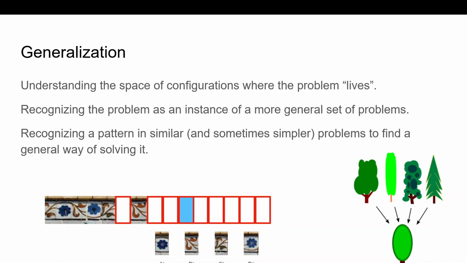But all of those 4 trees, they are one representation of this more broader instance of a tree. And on the left-hand side, you see this pattern, and in this pattern, you can use the skill to then find out which of the tiles would fit into the missing slot.